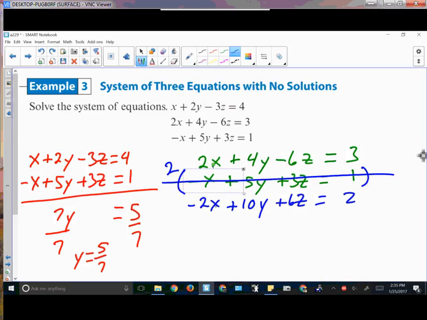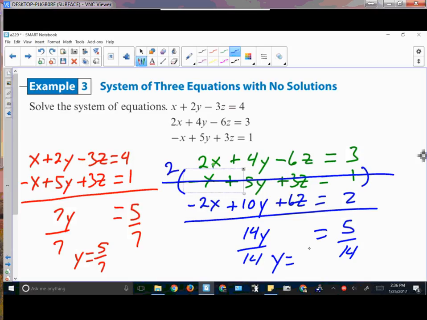So 2x and negative 2x disappear. 4y and 10y give me 14y. Negative 6z and 6z disappear. This turns out to be 3 plus 2, which is 5. Okay. Divide by 14, divide by 14, so y is equal to 5 over 14.